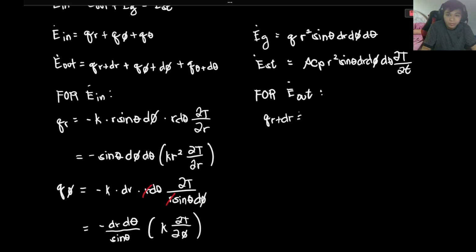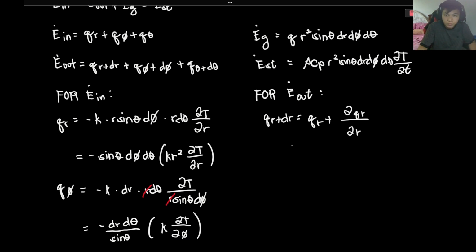There are many terms, but we will just look at the first iteration. So, that would be our Qr plus the partial derivative of Qr with respect to r.